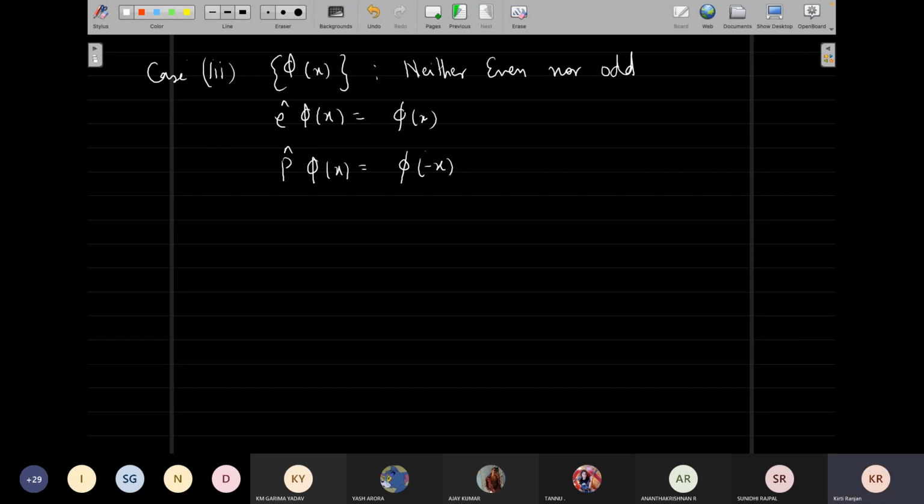Now, this space has a problem in the sense that you cannot take phi x to be just the eigenfunction. If I want to consider the space of functions or basis functions for this space, I will have to include functions of this kind and also functions of this kind.